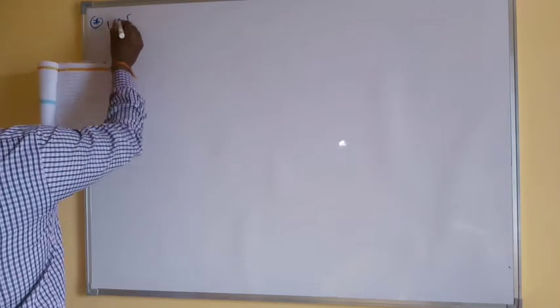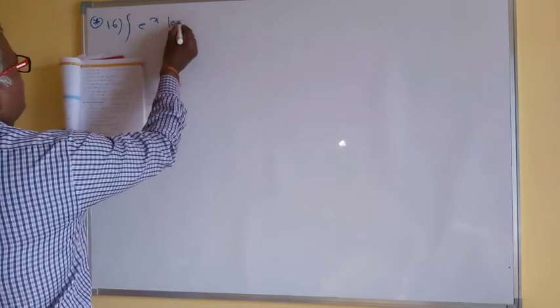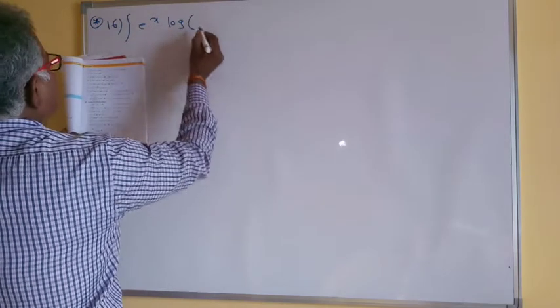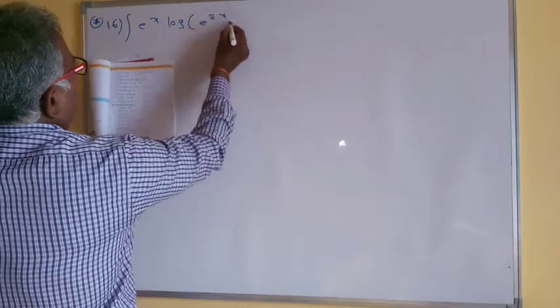Here is question number 16, integral of e power x into log of (e power 2x plus 5 into e power x plus 6) dx. Put a star mark here because it takes so much time due to simplification.